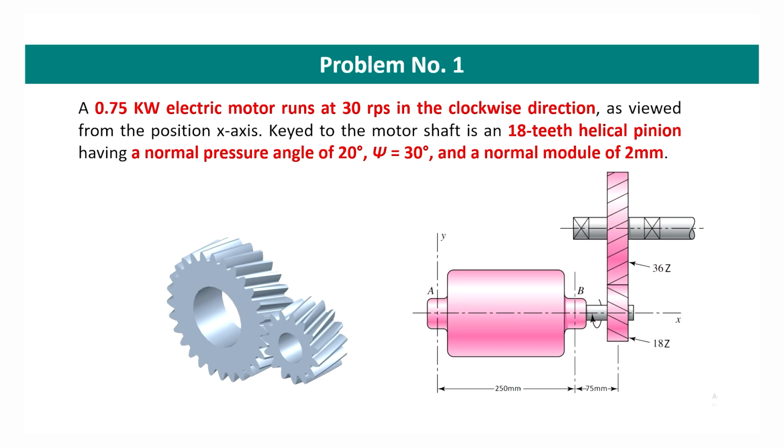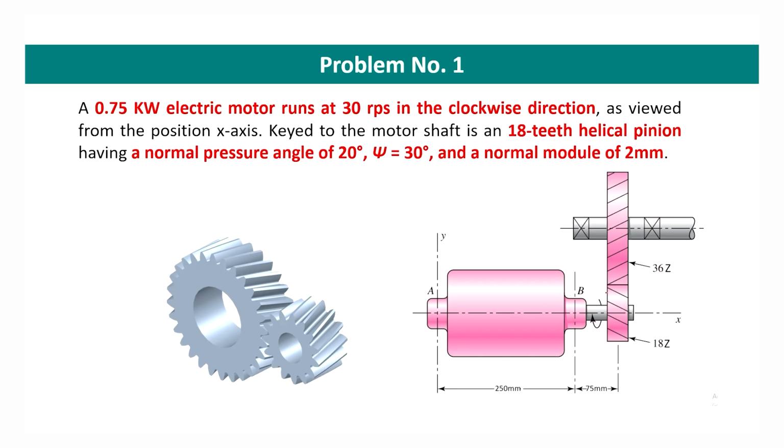The problem is: a 7.75 kilowatt electric motor runs at 30 rps, revolutions per second, in a clockwise direction as viewed from the positive x-axis. That means when it is viewed from the positive x-axis, it is rotating in a clockwise direction. Keyed to the motor shaft is the 18 teeth helical pinion.